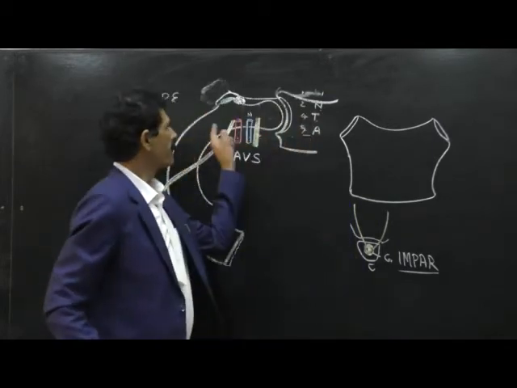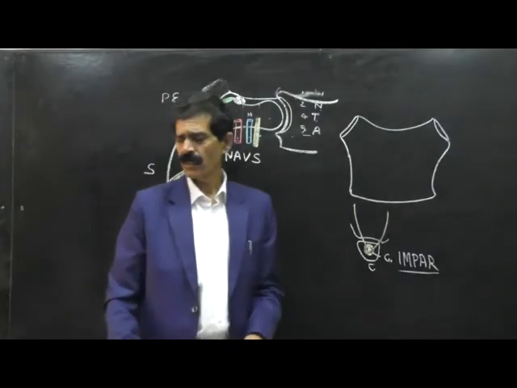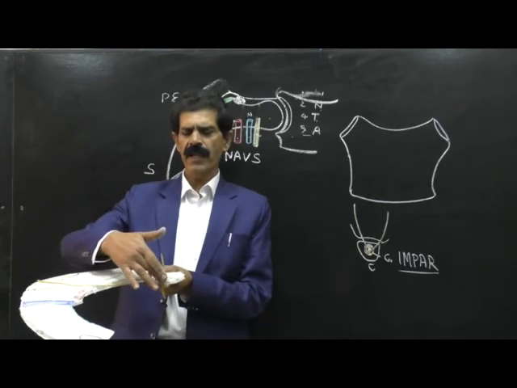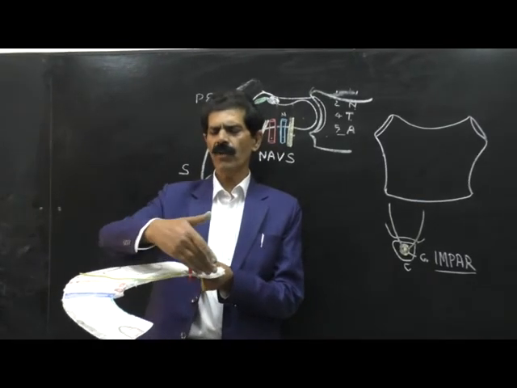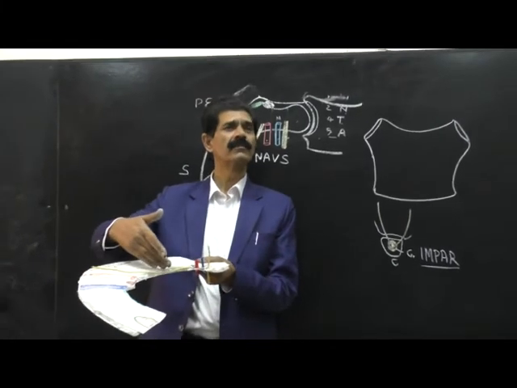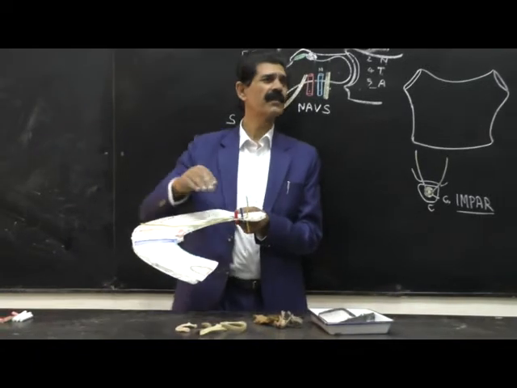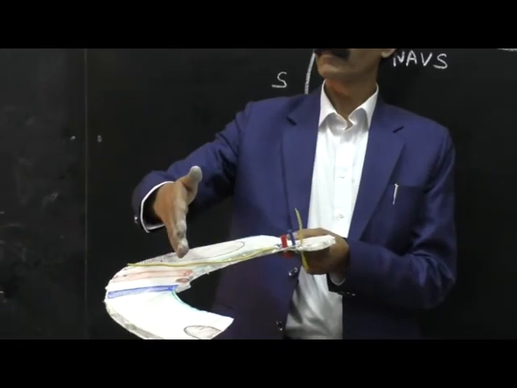Then the next part is the angle of the rib. See the posterior end, that is the head, neck and the tubercle. They are almost in line. But suddenly there is a change in the curvature of the rib. Now the rib turns anteriorly.